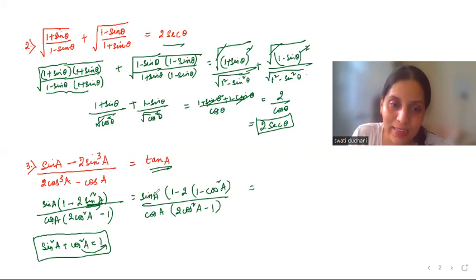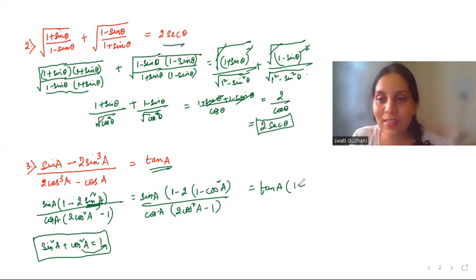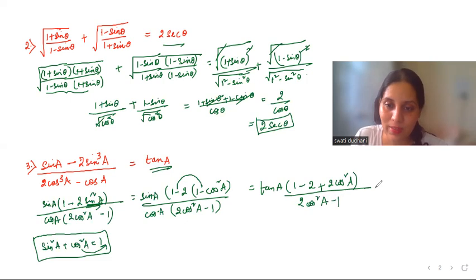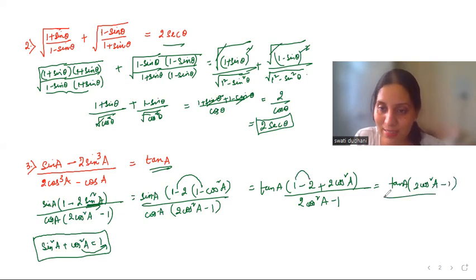Now, I can write sine by cos as tan a into (1 minus ...) opening the bracket: 2 into 1 is 2, minus into minus is plus, 2 into cos square a. And the denominator is 2 cos square a minus 1. So now further, tan a into (2 cos square a, now 1 minus 2 is minus 1) by 2 cos square a minus 1.